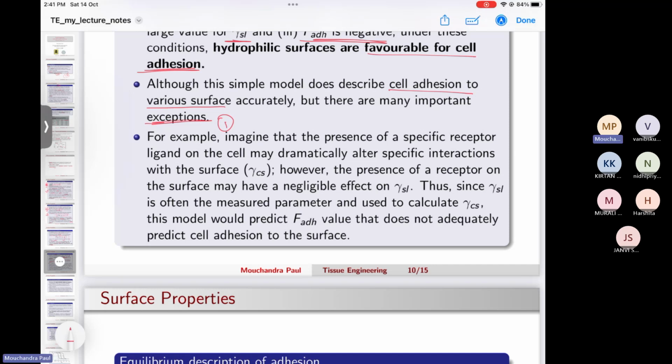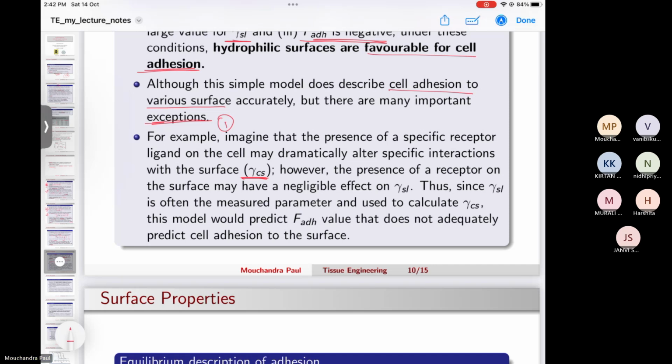So let's read what is written here. Imagine that the presence of a specific receptor ligand on the surface may dramatically alter specific interactions with the surface. Correct? In that case, the value of this particular quantity, gamma CS, will change, because the cell and solid surface interaction is being affected by the presence of a particular ligand on the cell surface.